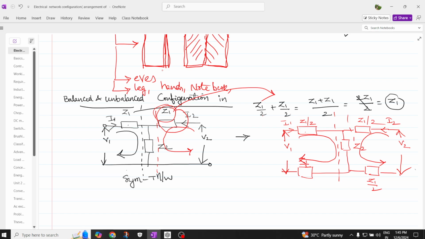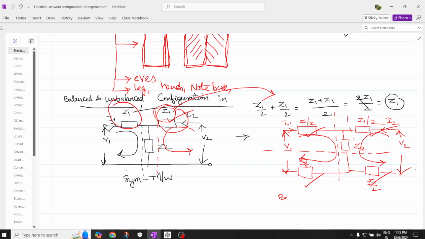So after writing Z1 as Z1 by 2 plus Z1 by 2, this branch Z1 as Z1 by 2 and Z1 by 2, you can see if you draw a vertical line like this, the weights are balanced: Z1 by 2 and Z1 by 2, Z1 by 2 and Z1 by 2. I can say the network is balanced now.